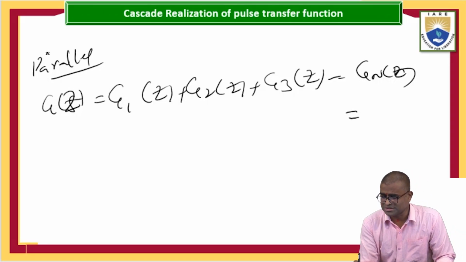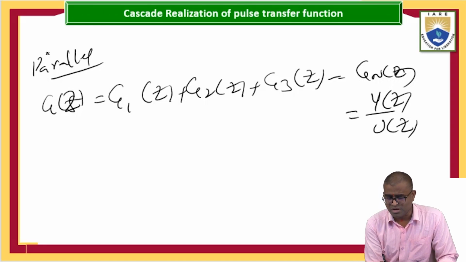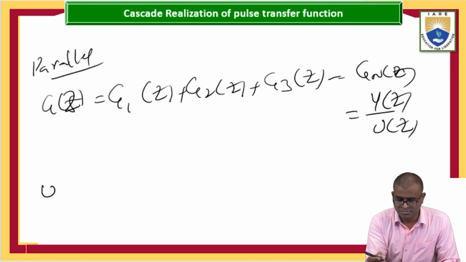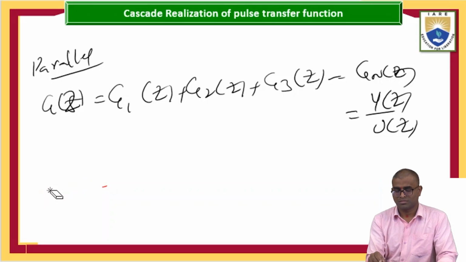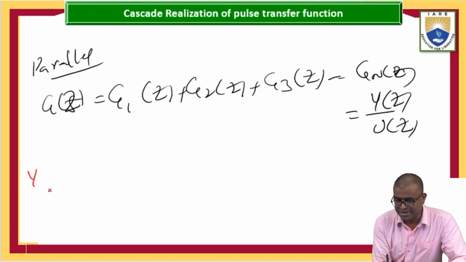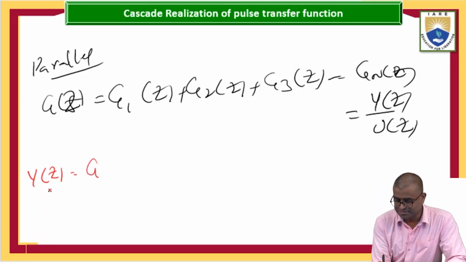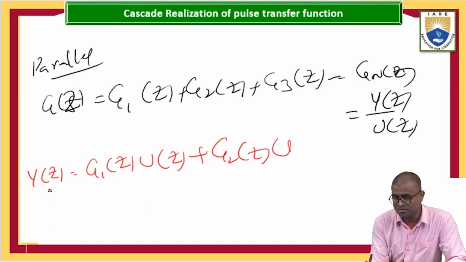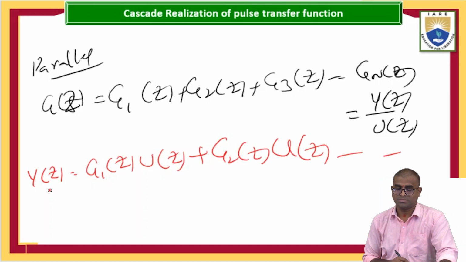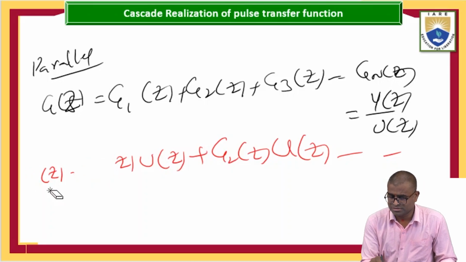If you take for this function the transfer function y of z by u of z, the output function y of z is equal to g1 of z into u of z plus g2 of z into u of z and so on.